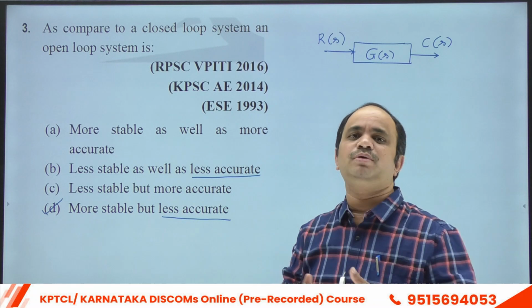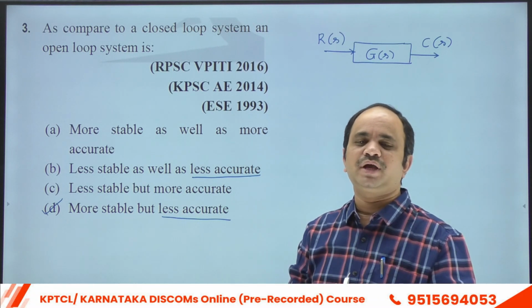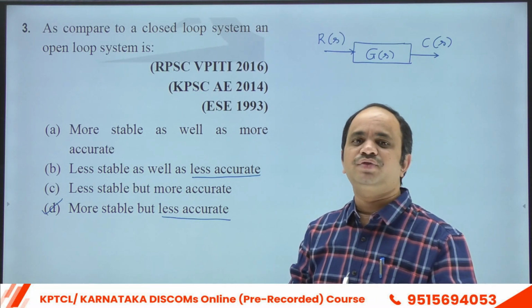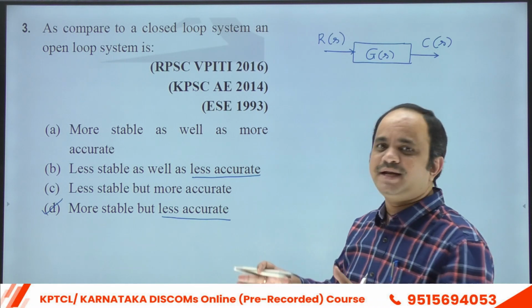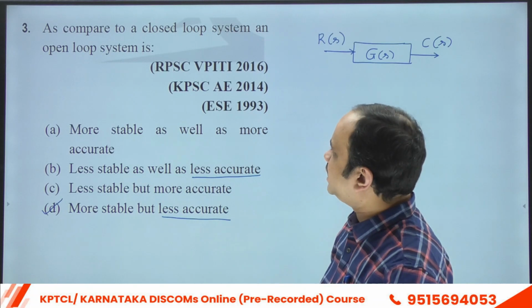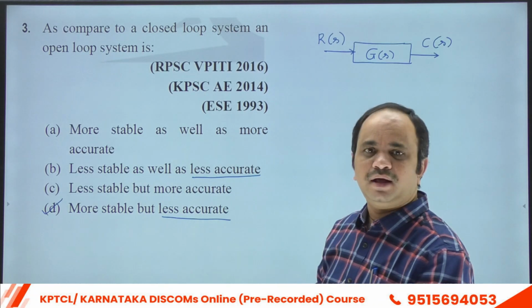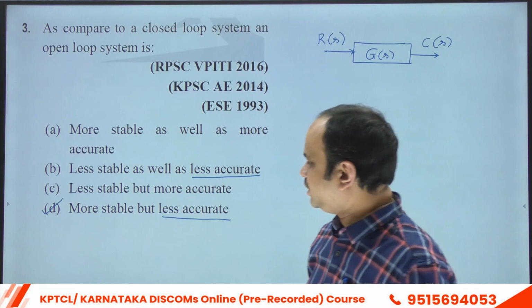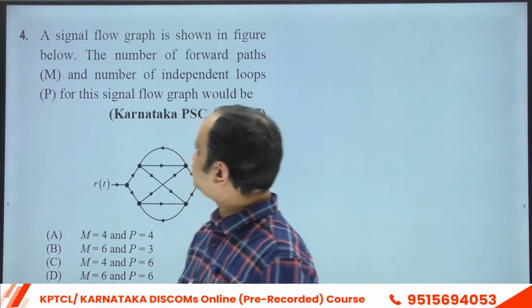By applying suitable feedback in a given system, we can improve the stability by using the closed loop system. But in general, in very simple terms, we can say the option here is more stable but less accurate. So that can be one appropriate answer.